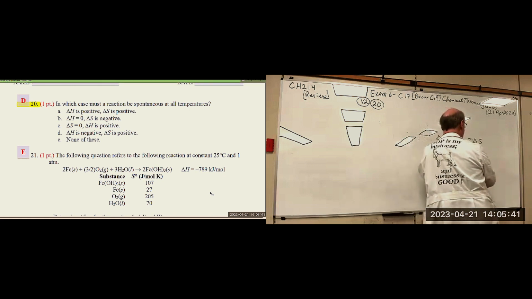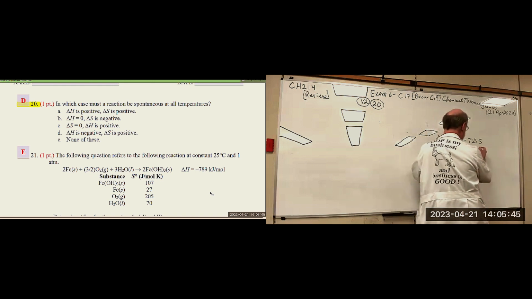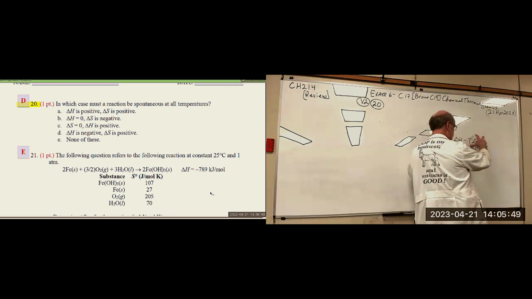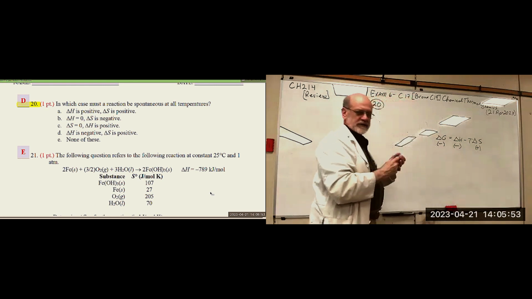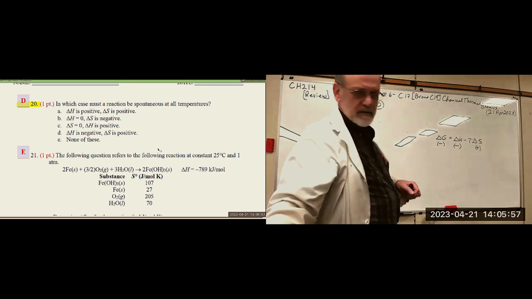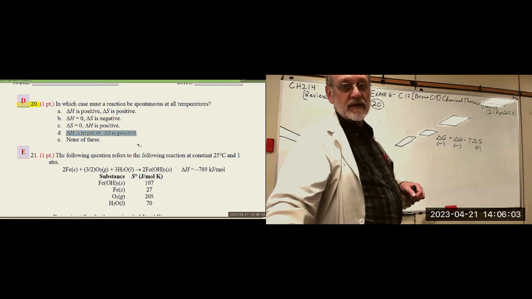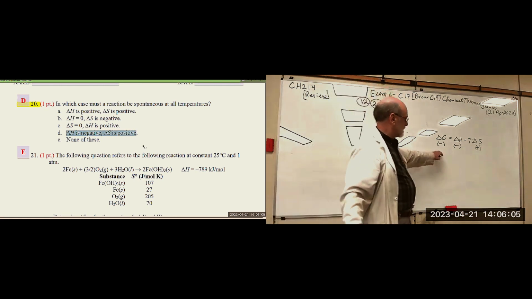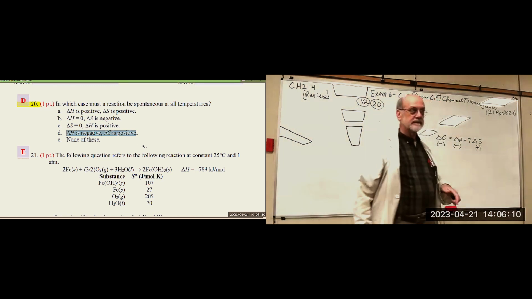To be spontaneous at all temperatures, delta H has to be negative and delta S has to be positive. Because the negative delta H makes that term negative, and the positive delta S makes the minus T delta S term negative. So delta H is negative, delta S is positive. It doesn't matter the temperature. This will always be spontaneous.